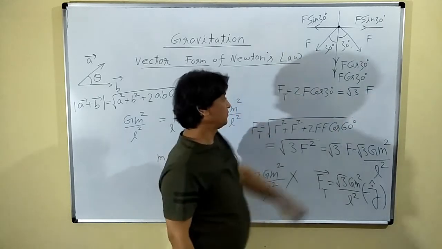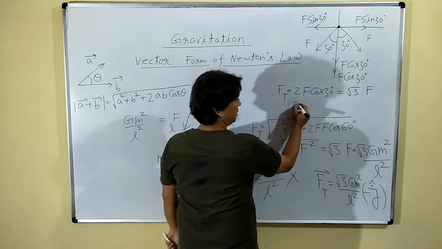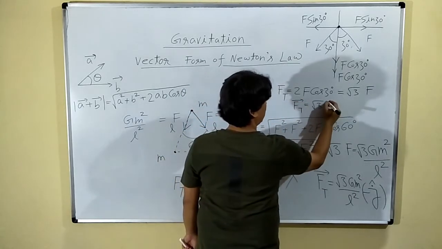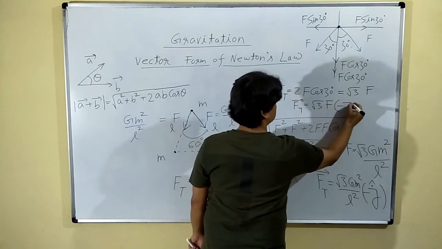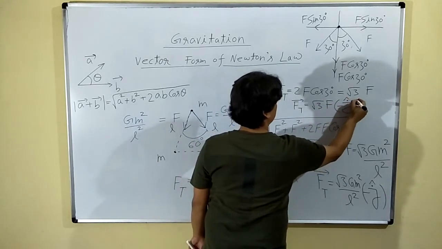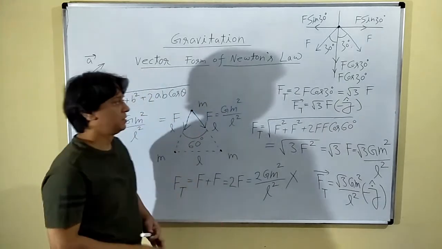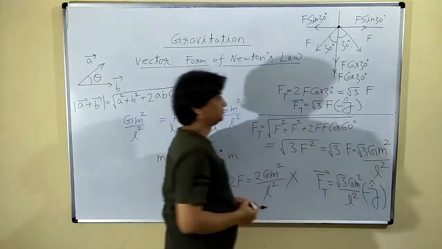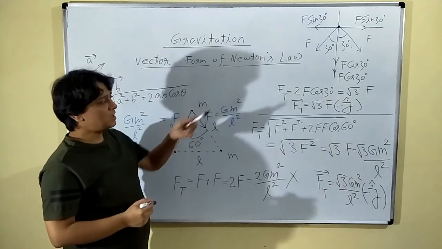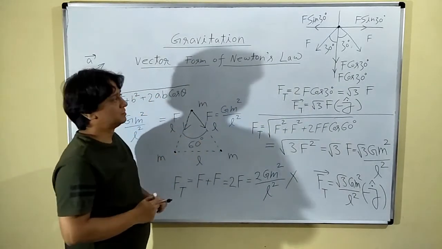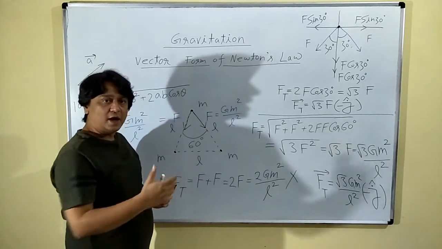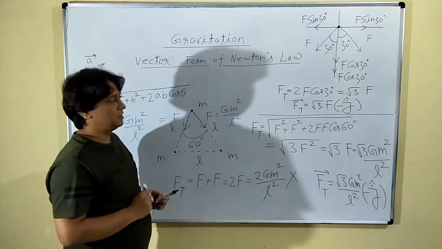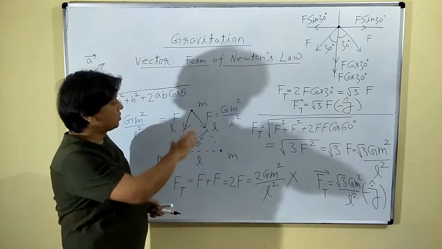Downwards, and therefore F total becomes root 3F. What is the direction? Minus object. That's how you can use the second approach. Resolve along the x-axis and y-axis. अलग अलग एक्सिस को अलग अलग हैंडल करो, x अलग, y अलग. Note down everything.